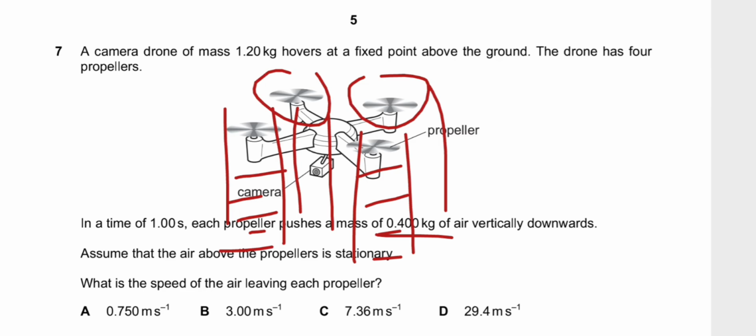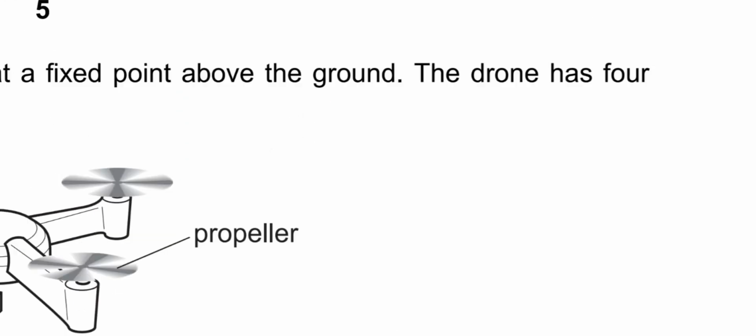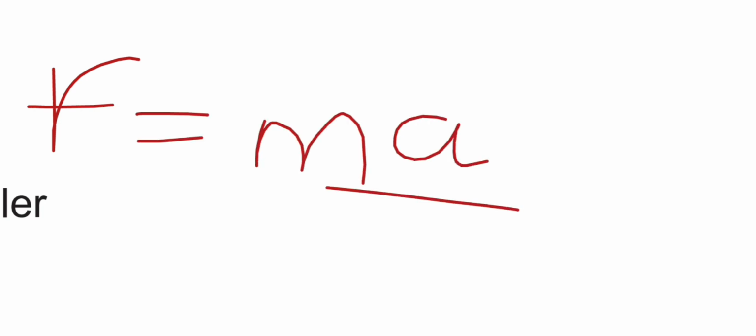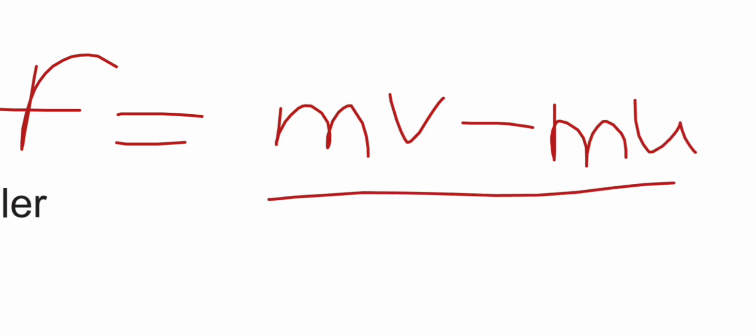So we can find the speed at which it is moving. We have to apply certain laws that we know from Newtonian mechanics, so we're going to explain that a little bit. Our force is equal to ma, but this is not the general formula. This comes from the rate of change of momentum. We know that force is equal to mv minus mu over time.